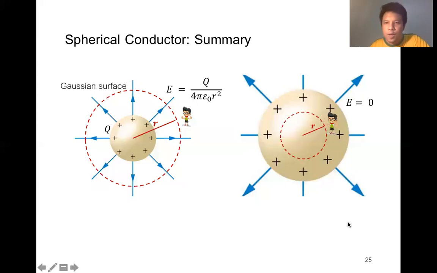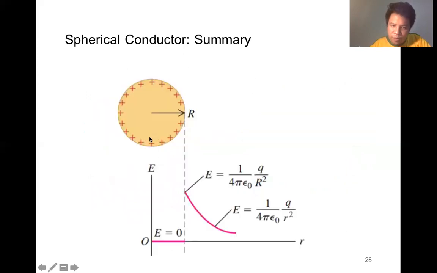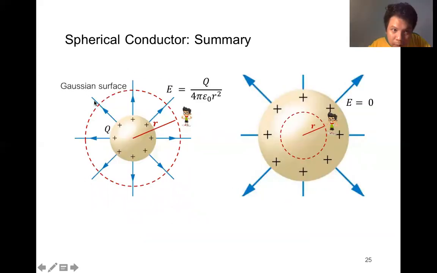Okay, so in summary, for the conductor, if we put the Gaussian surface outside the conductor, the charge inside is still Q, and we found that the electric field has non-zero values, likely following Coulomb's law.